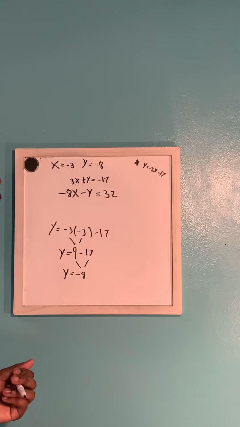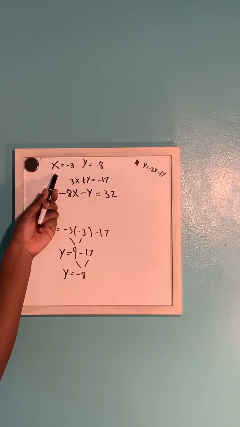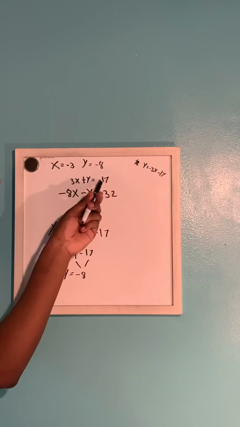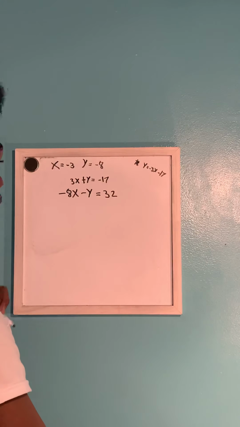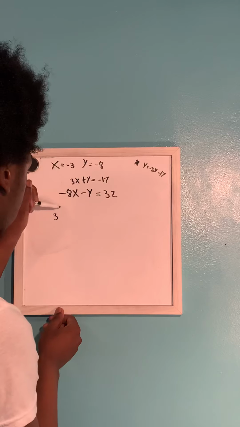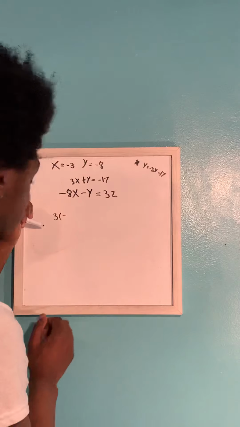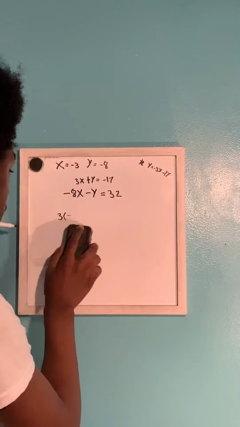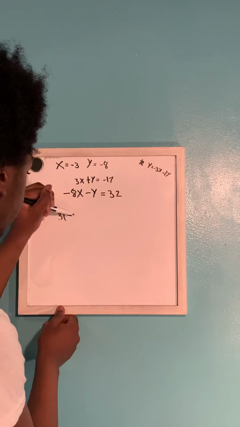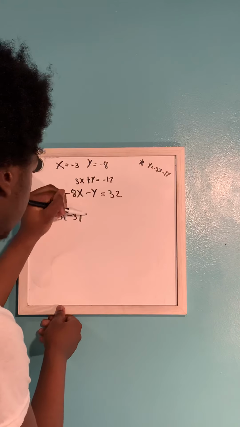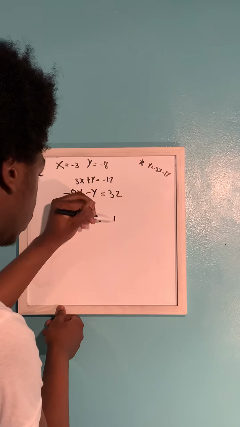And to check this, we could always plug it back into the first original equation, or either equation, and we should still end up with negative 17 or 32. So we'll try this out. So 3x, so 3 times negative 3 plus negative 8 should equal negative 17.